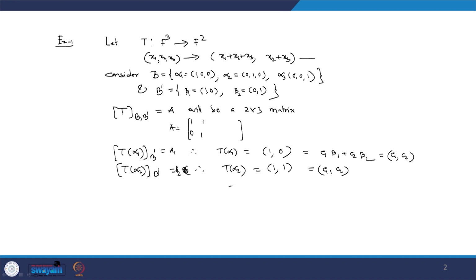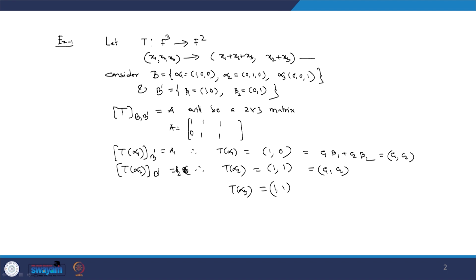Similarly T alpha 3 is basically (1, 1), so I will have again (1, 1). So, I have got the 2 cross 3 matrix A, fine.